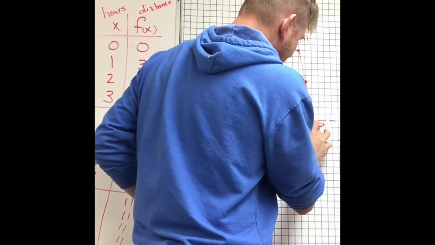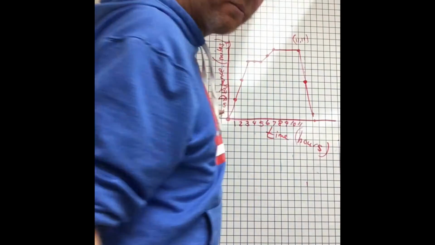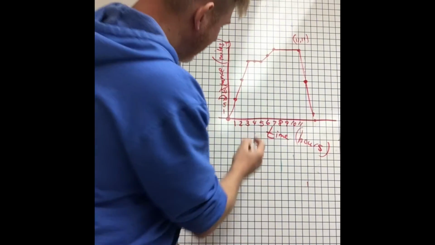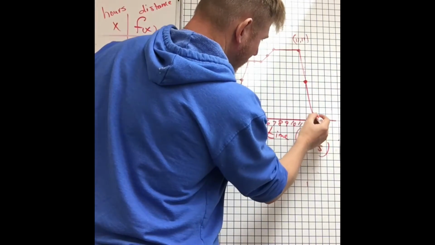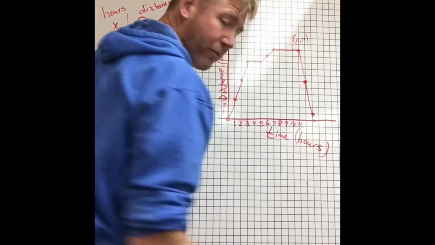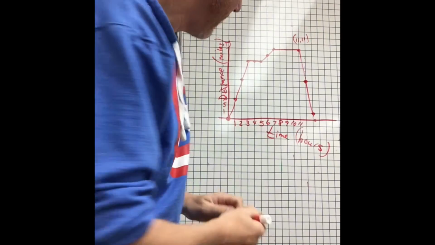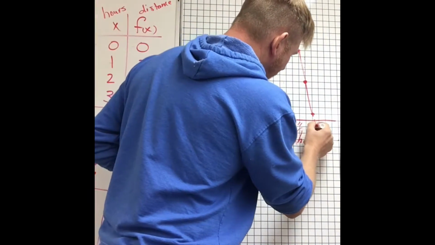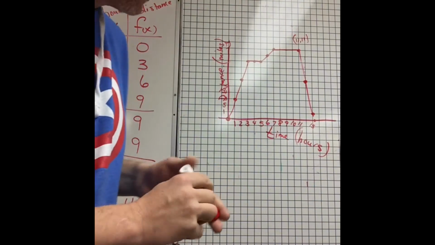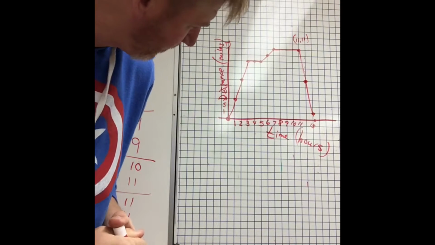After 13 hours, I'm 1 mile away. I'm getting really close to being home now. So it looks like after just a little more than 13 hours, I should be back home.